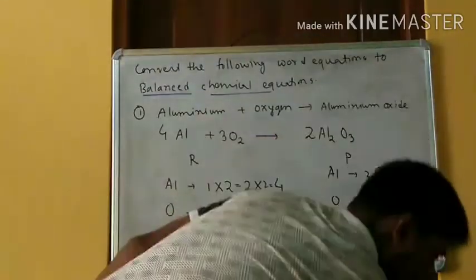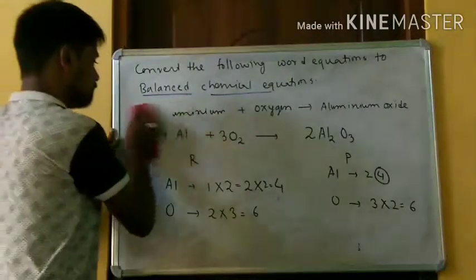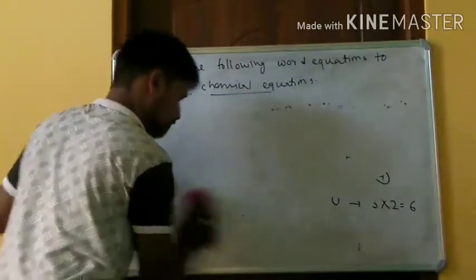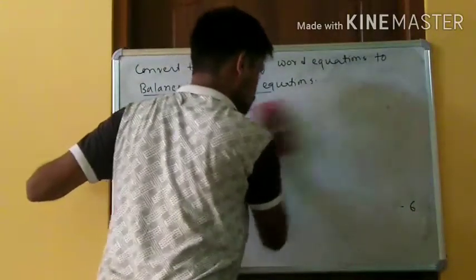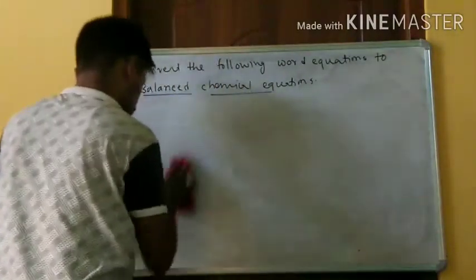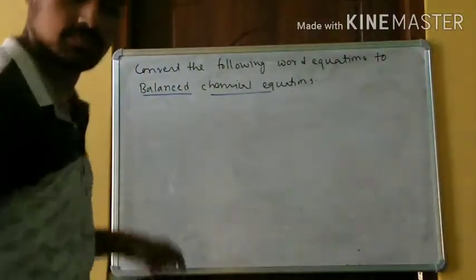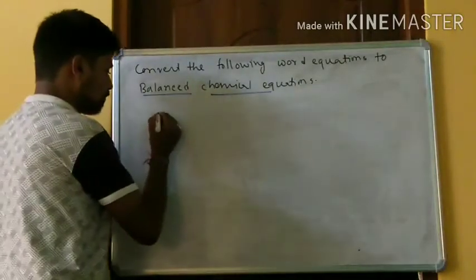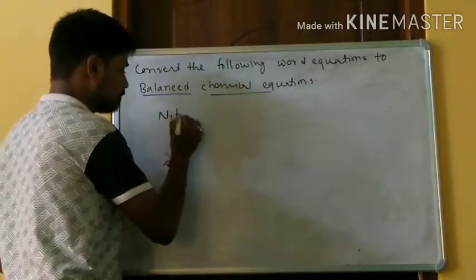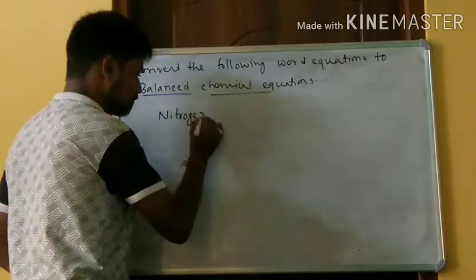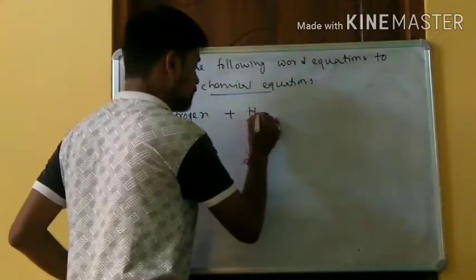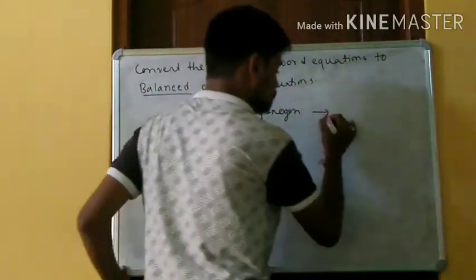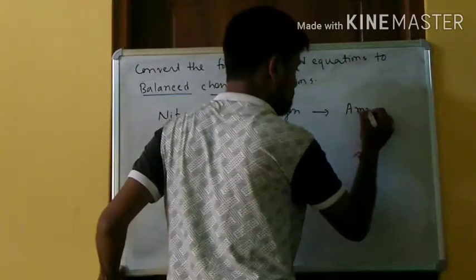Now let us take another example. Nitrogen plus hydrogen produces ammonia.